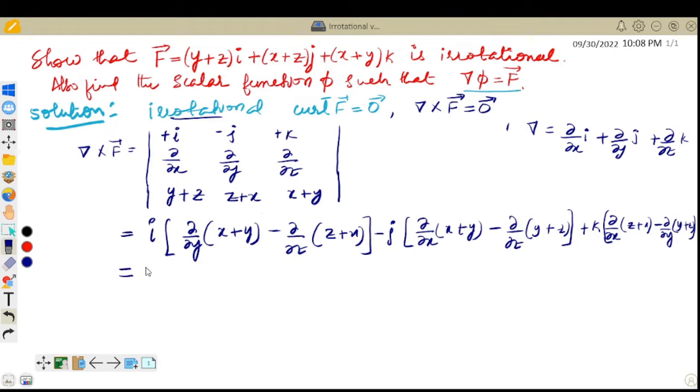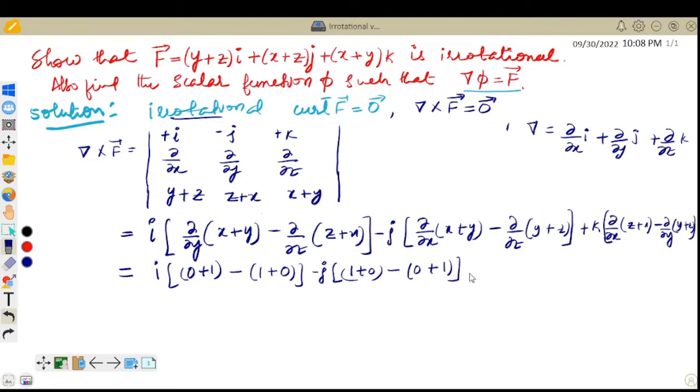Okay, fine. Now let us differentiate partially. I times of differentiation of x plus y with respect to y: x is 0, y is 1, minus differentiation of z plus x with respect to z: z is 1, x is 0. Minus j times of differentiation of x plus y with respect to x is 1, y is 0, minus differentiation of y plus z with respect to z: y is 0, z is 1.